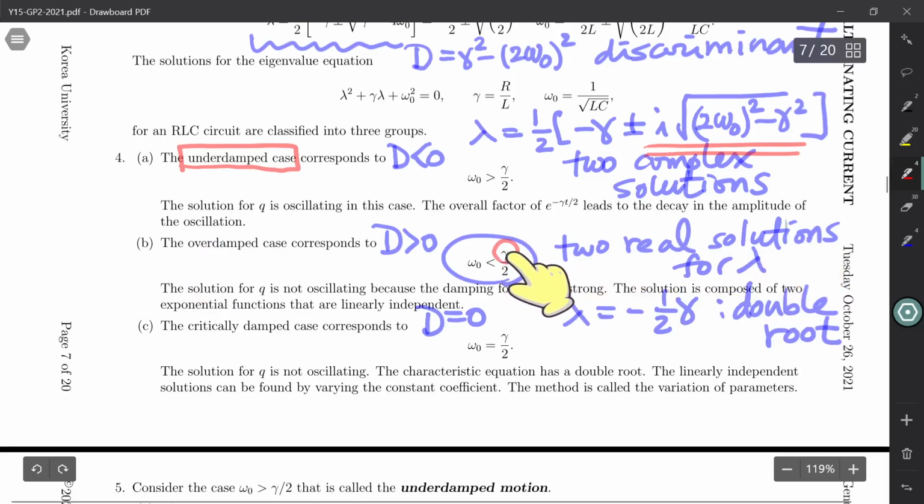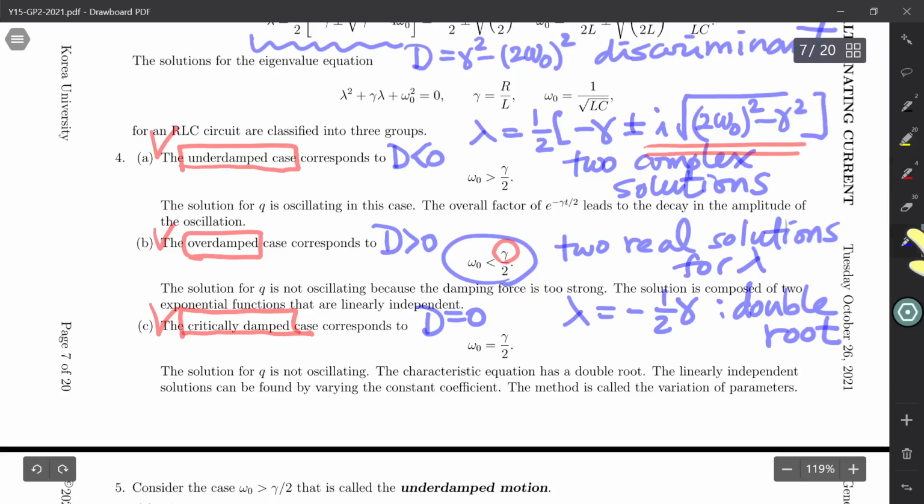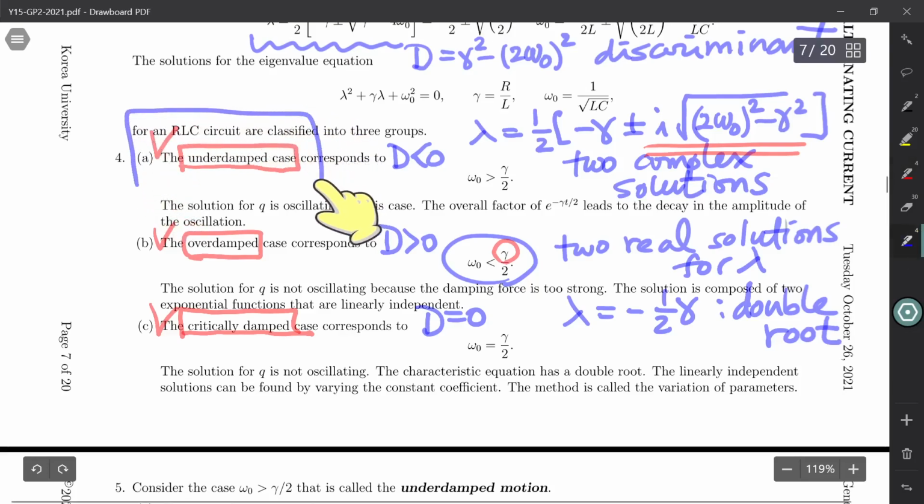The damping factor is large, so overdamped. In between, on the border, it is critically damped. So we consider underdamped, overdamped, and critically damped. And the most important case we are interested in is the underdamped case.